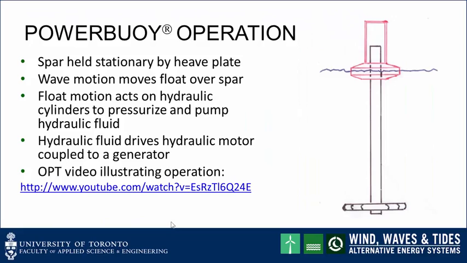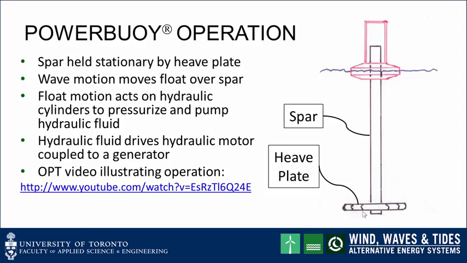So let's talk a little bit about the power buoy operation. There are really relatively few components in principle. The machinery is all inside basically. But the main component is a long cylindrical tube called the spar, right? So this is the spar, so that has substantial length. And it's held stationary by a heave plate.